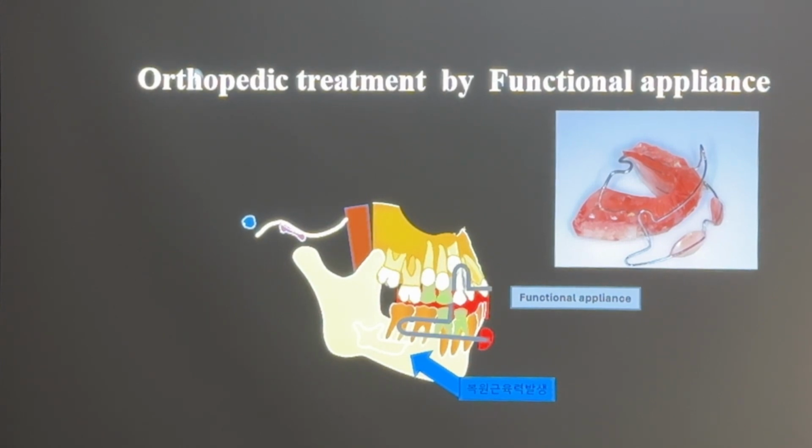This means we will prevent more eruption of the lower anterior teeth. We call it the bite plate effect. So if the lower teeth touch the plate, these lower teeth cannot erupt more.